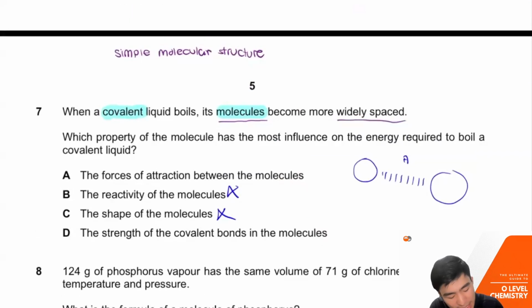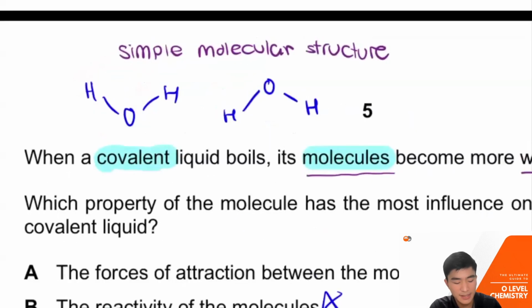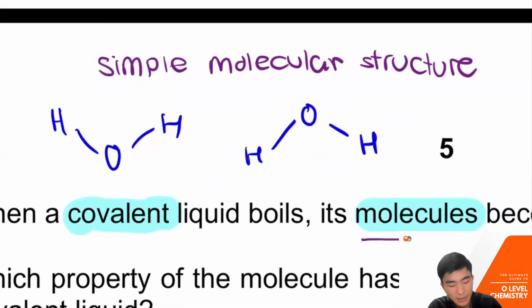But we need to see clearly what kind of attraction we are trying to break or overcome. I'm going to give you a simple example using water as a simple molecular structure, and we are going to discuss how it works. Can everybody understand? Let's say I have two water molecules over here.